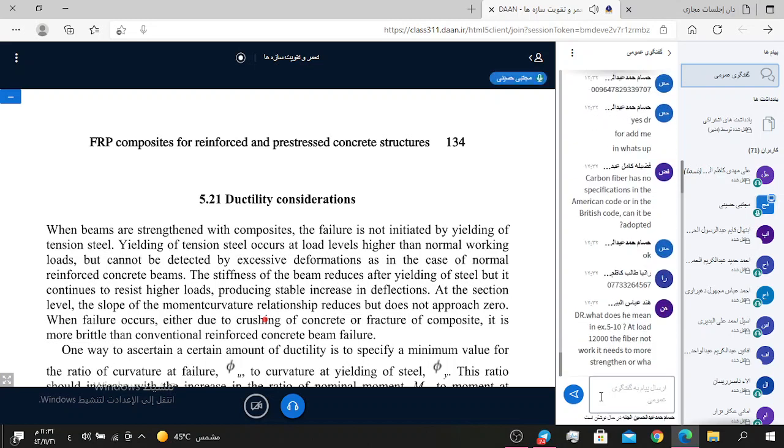Carbon fiber was not specified in the American code or British code. Can it be adopted? Yes.